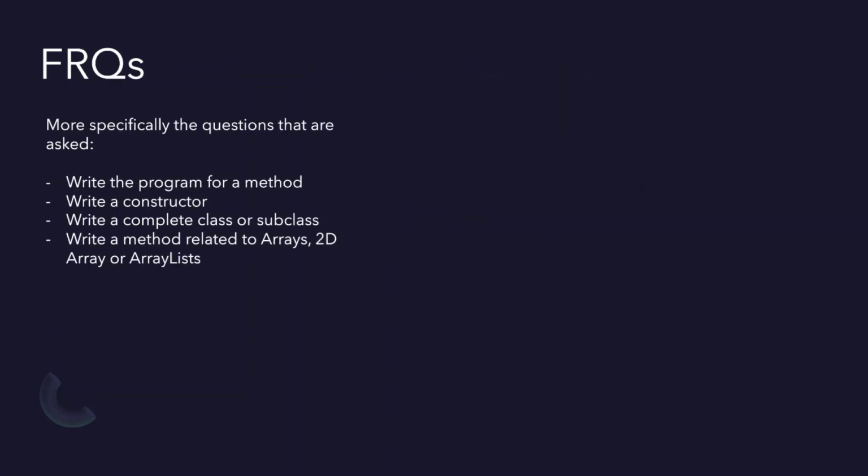And specifically, questions could be like, write the program for a method, or write a constructor, or write a complete class or subclass, or write a method related to arrays, 2D arrays, or array lists. I will go more in depth with the exam later in the series, but I want to give you guys a roadmap of what the exam is like.